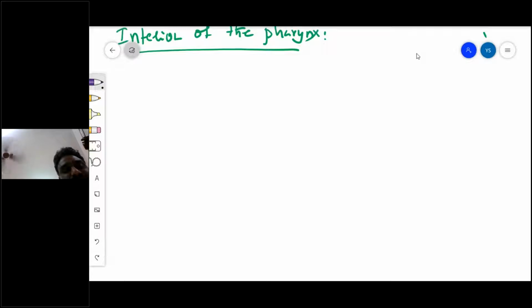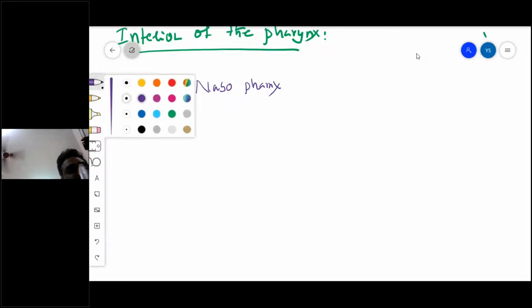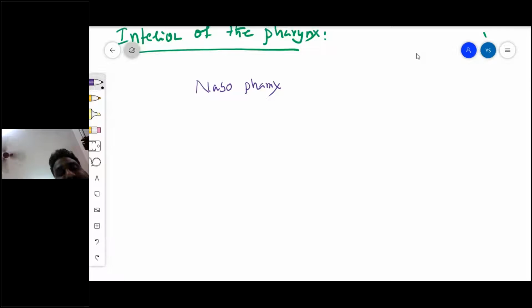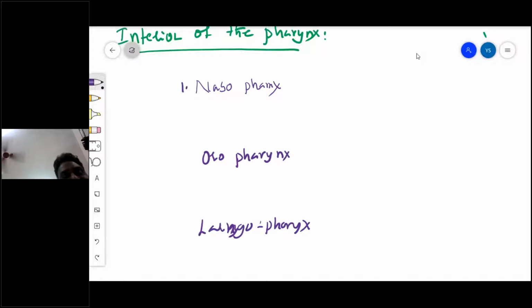First one is the nasopharynx, second one oropharynx, and third one laryngopharynx. So these are the three parts of the interior of the pharynx.